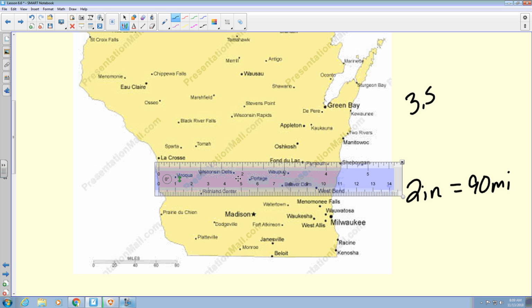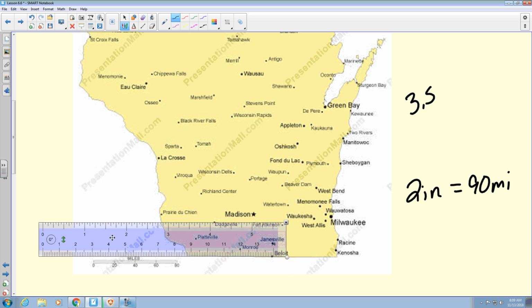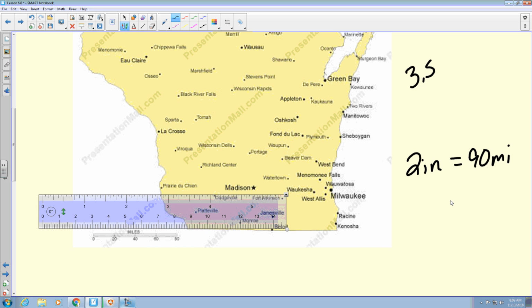So we can use that scale, write it as a proportion, to figure out how far La Crosse is from Fond du Lac, as the crow flies, not taking into account roads, highways, stuff like that. It's not like Google Maps telling you the driving distance.